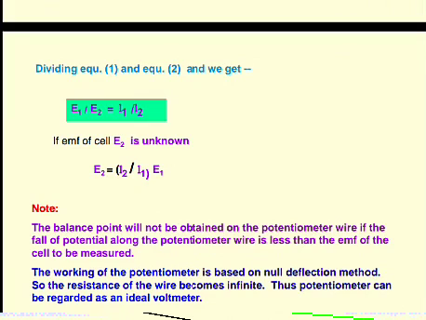Second, the working of the potentiometer is based on the null deflection method, so the resistance of the wire becomes infinite, thus the potentiometer can be regarded as an ideal voltmeter.